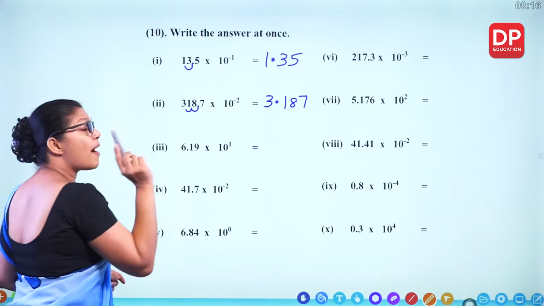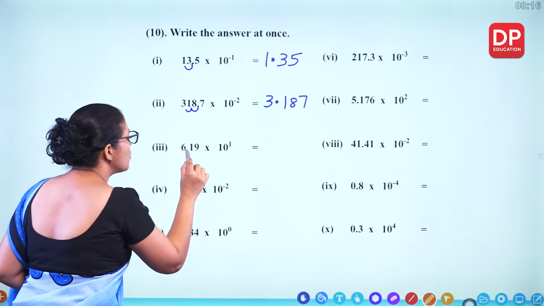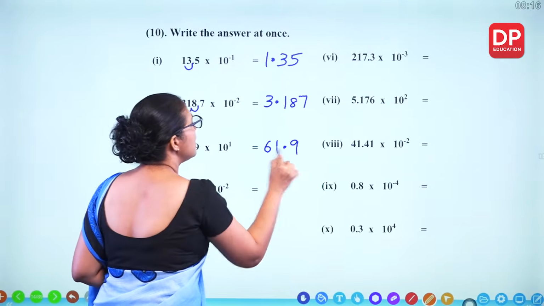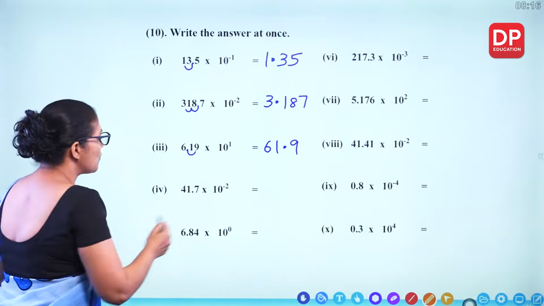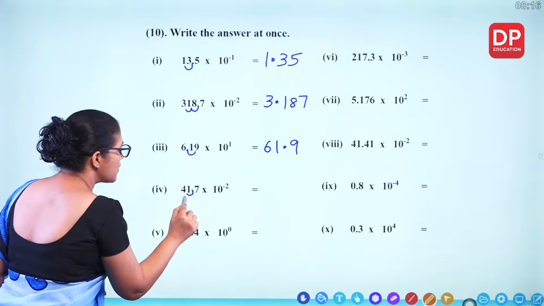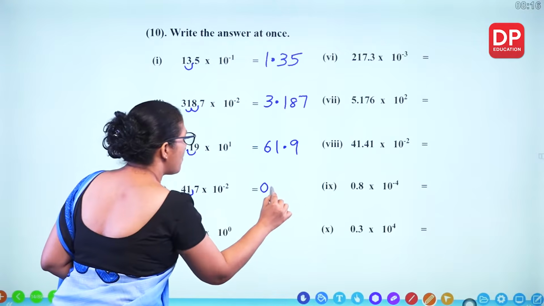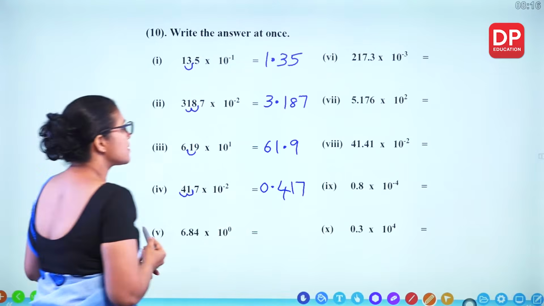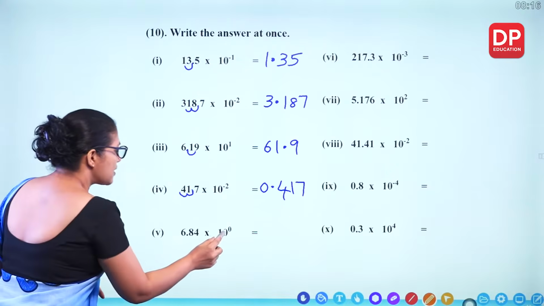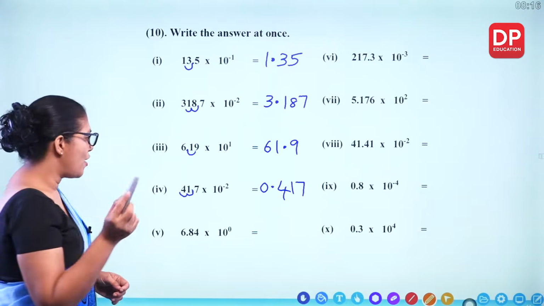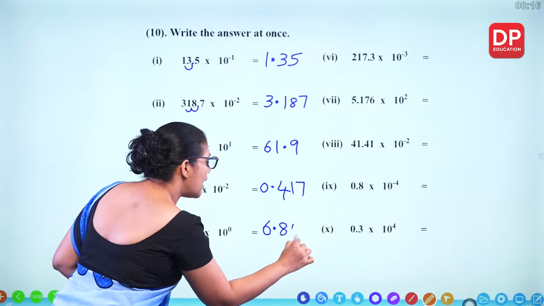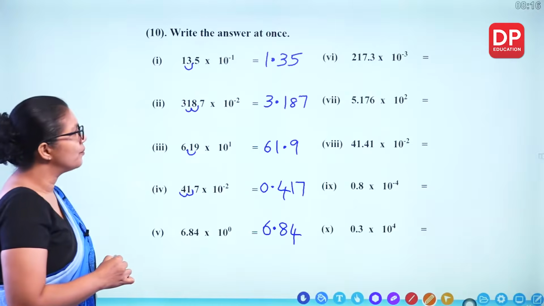This one, power positive 1, moves to the right. 61.9. This one, minus 2, 2 places to the left, 0.417. 10 to the power 0 means you are not changing the decimal point. You write down the number as it is, 6.84.